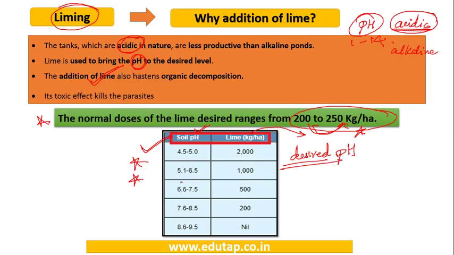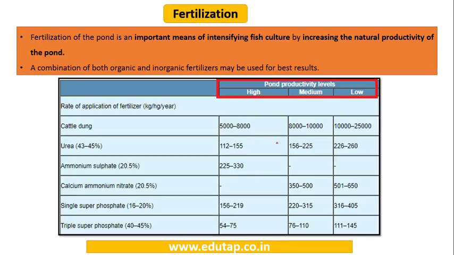There might be a question that if the soil pH is around 6.6 to 7.5, what is the amount of lime that needs to be added to obtain a desired pH level? Our answer would be 500 kg per hectare. So these values should be memorized. I'm stressing it again because these are important.